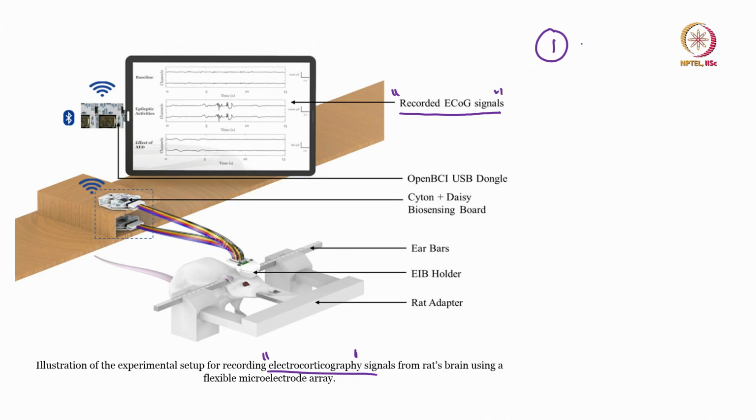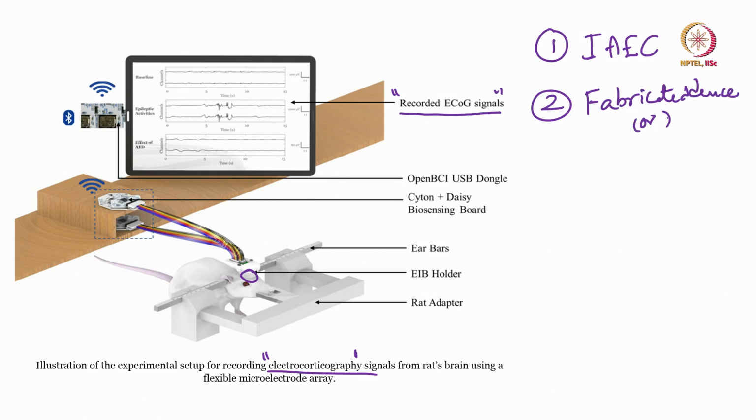First of all, you need to have ethical clearance from the animal facility. We have an institutional animal ethics committee. Then the second one is you have to have a device, or I can say a fabricated device, or if it is commercially available you can buy a commercial device.